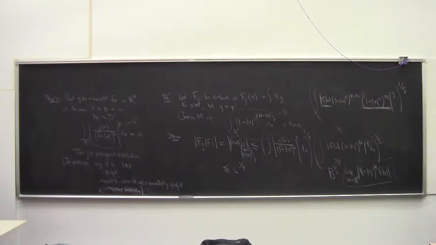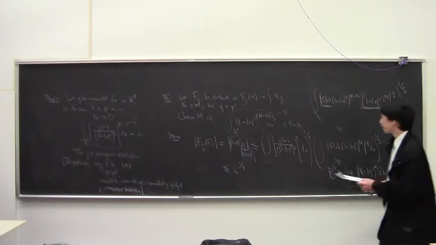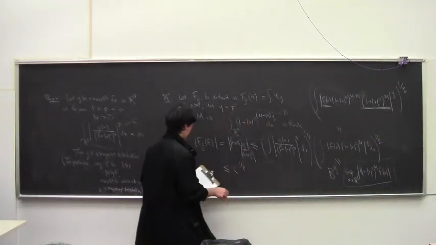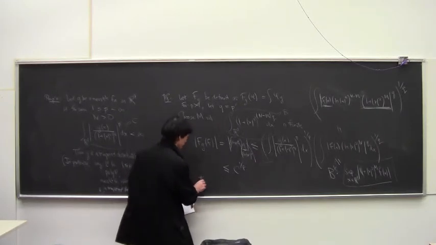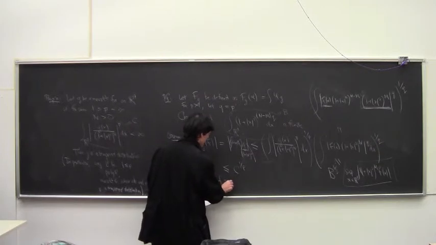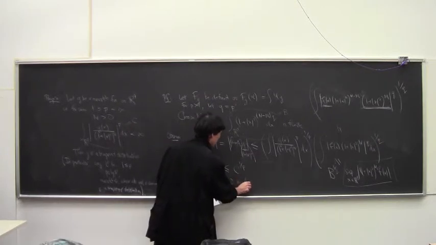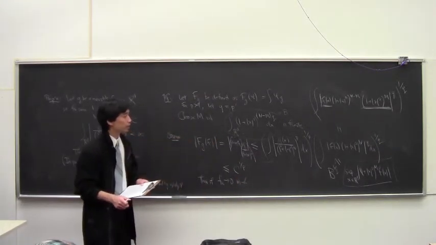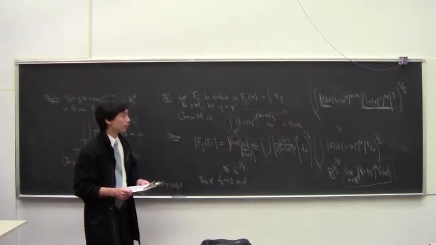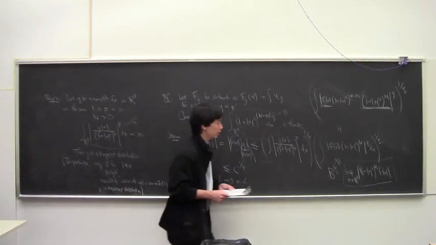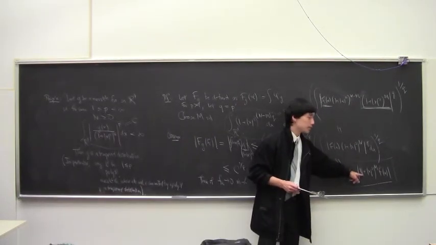Okay, and so what you see then is that if f_n goes to 0 in S, that's going to imply that this goes to 0.